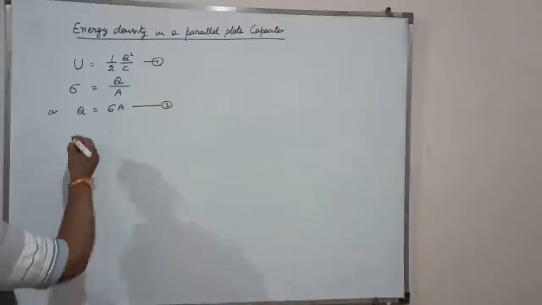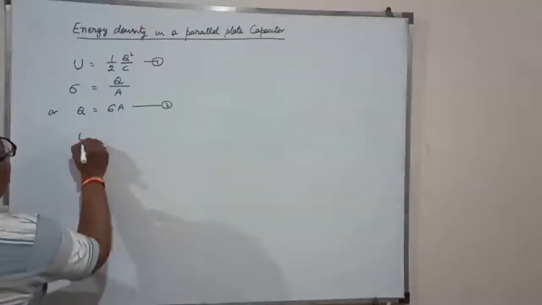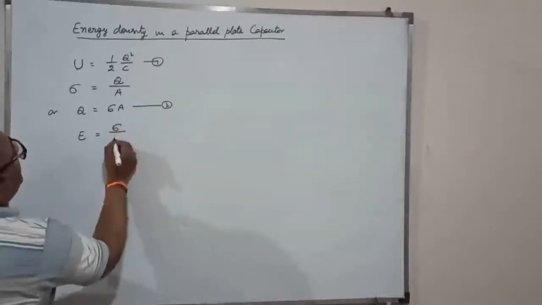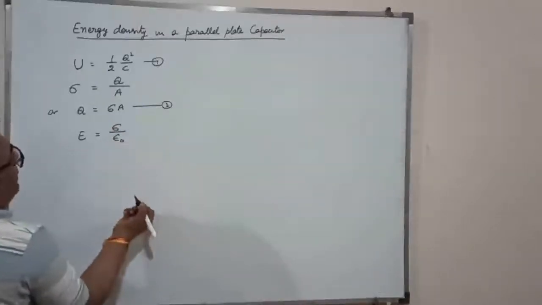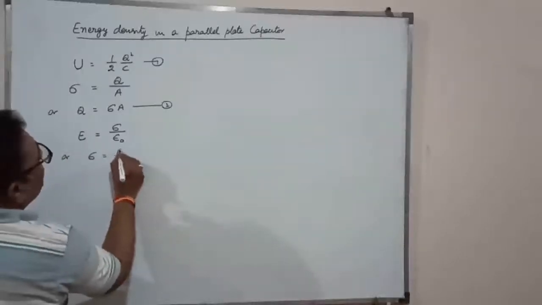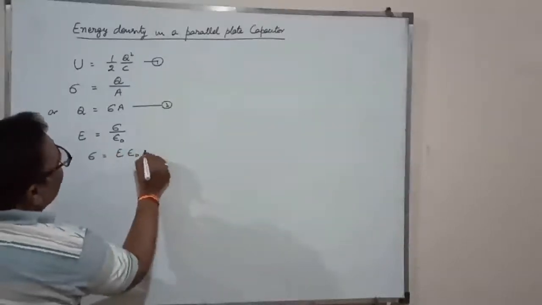And one expression is the electric field intensity between the plates, E is equal to sigma upon epsilon naught, or sigma is equal to E epsilon naught.